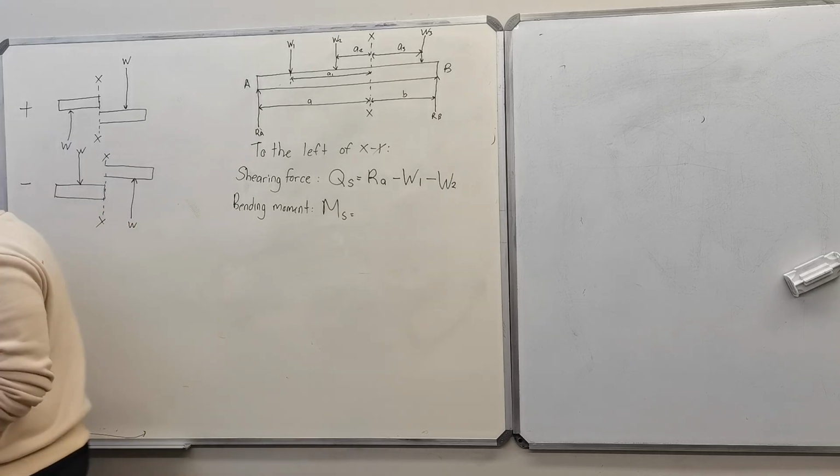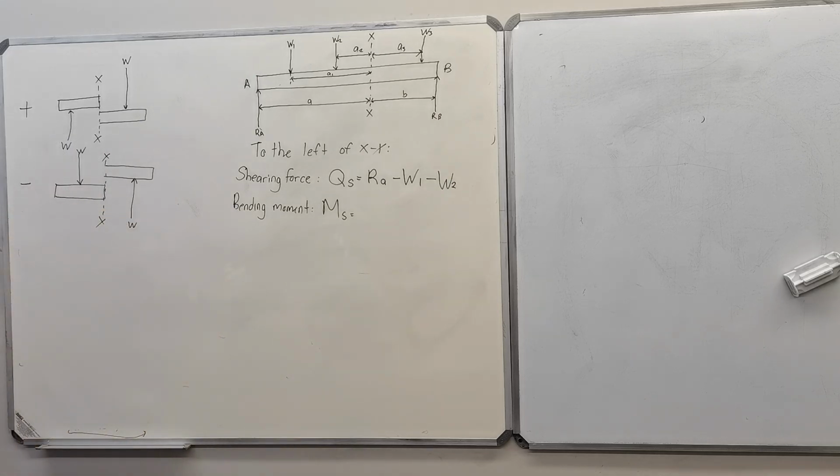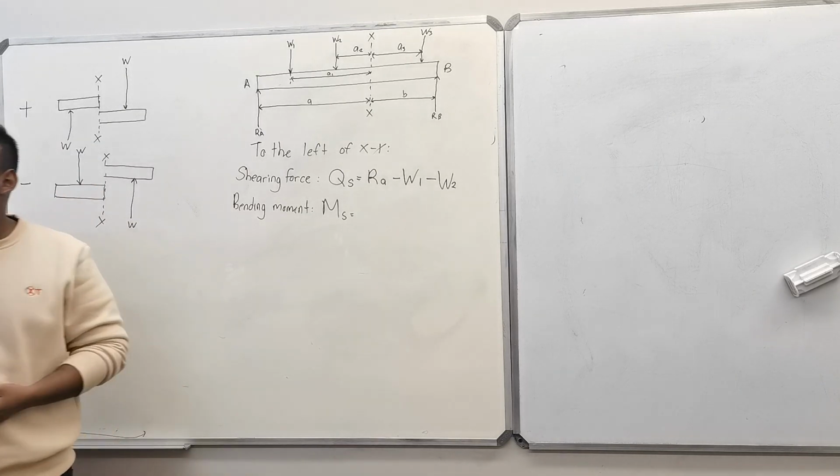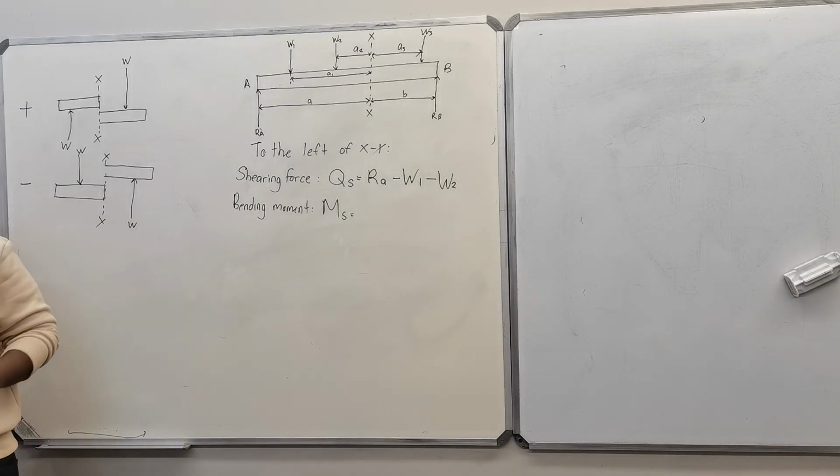Now with bending moments, I told you how you would normally work out a bending moment. Force times distance. Same story as before: your upwards forces would be positive, your downwards forces would be negative.